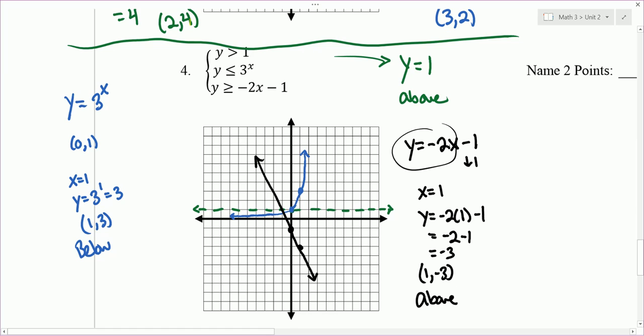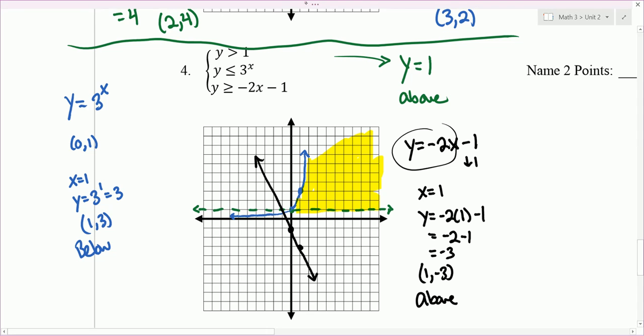If we're above the green, below the blue, and above the black line, that would be right in this region here. Because this meets all 3 requirements, and it just extends. It's above the green, above the black line, but below the blue. Okay, so eventually the blue will be above all that region.